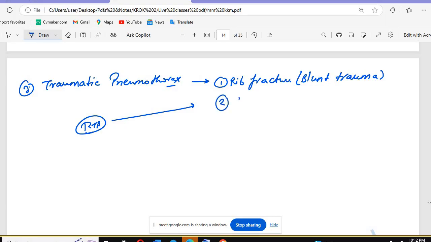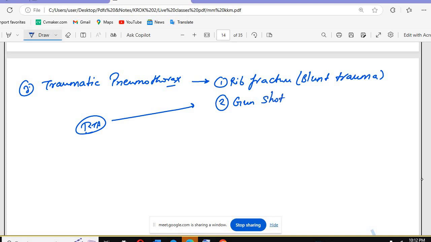If there is a gunshot, you know that is penetrating trauma.